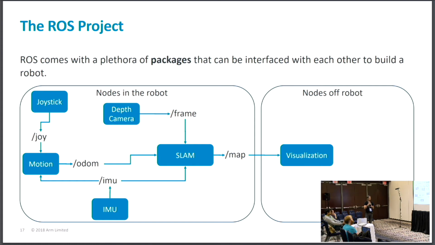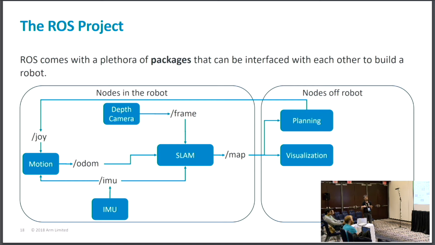The idea is that you can play with this module. So, for example, if someone is trying to develop some kind of autonomous robot, they could simply drop the joystick module and create their own planning, which is then going to, based on the map and the position, feed back what the next movement is that the robot should take.